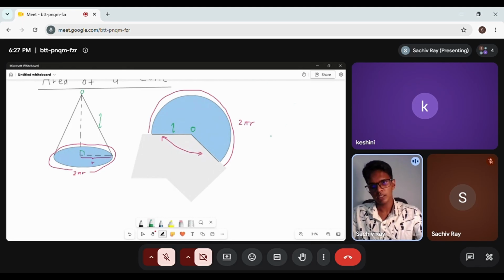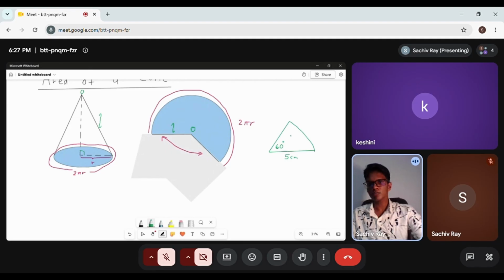If I give you a part like this, and I give this as 60 degrees, and this length as 5 centimeters, what is the area of this piece? It's a piece of a circle.